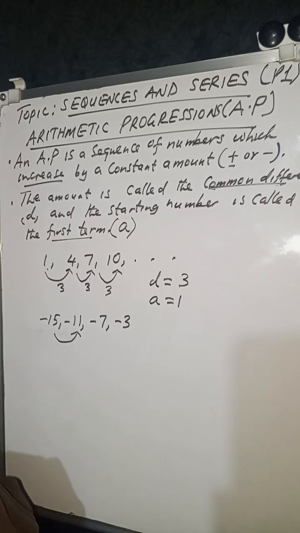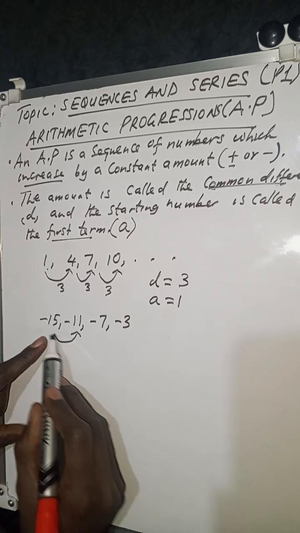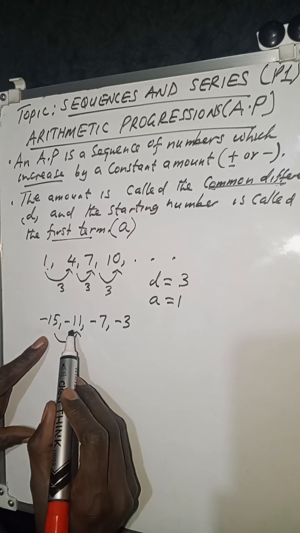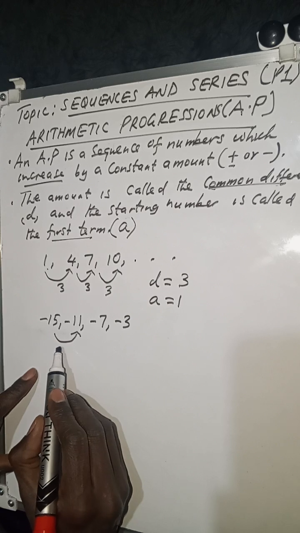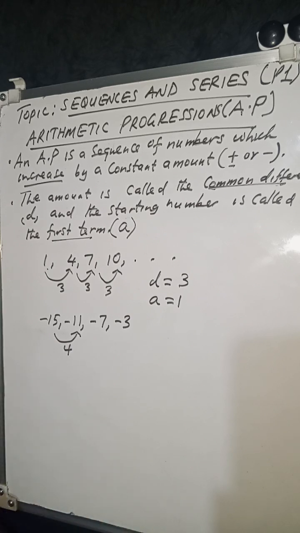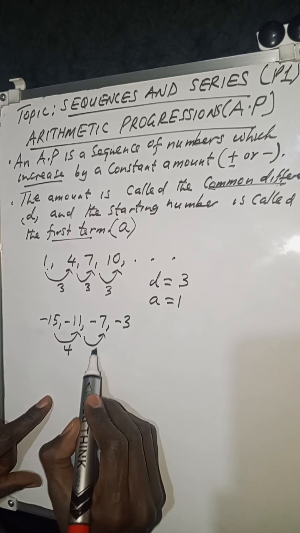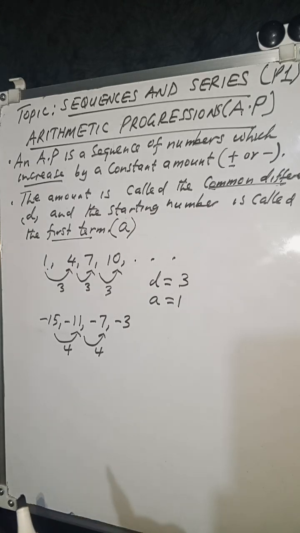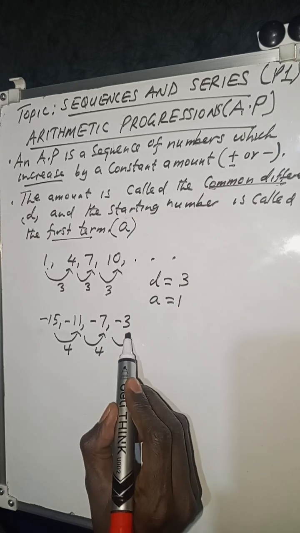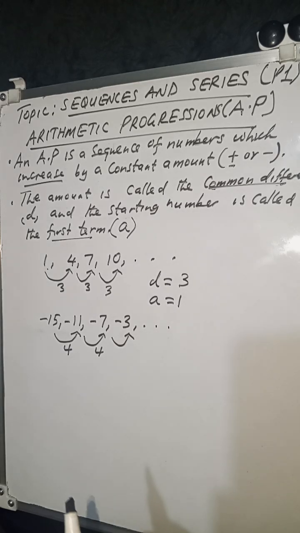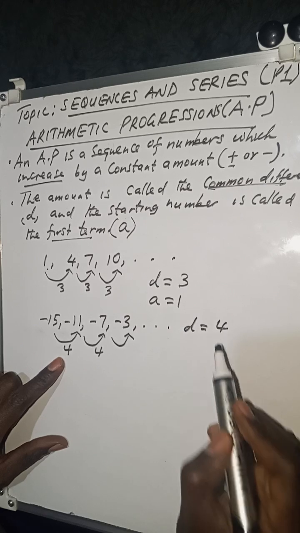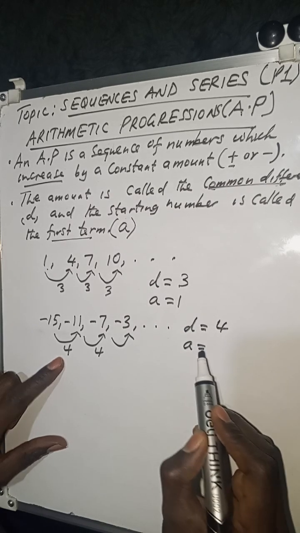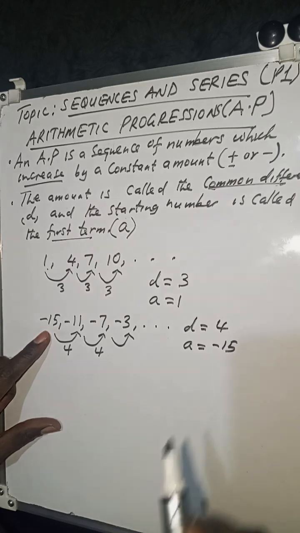It is increasing by 4, from -15 to -11, then again by 4, and again by 4. So the amount by which it increases, the common difference, is 4. And therefore the first term there is simply -15.